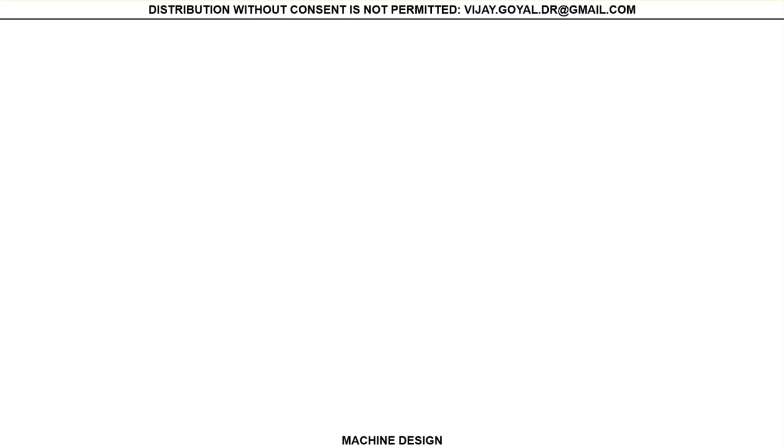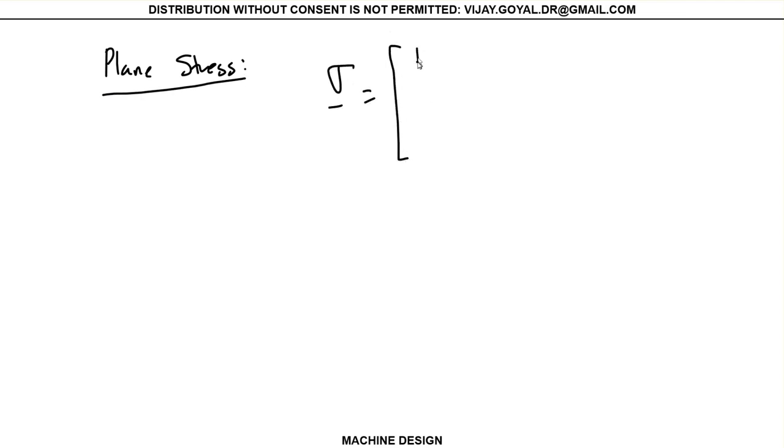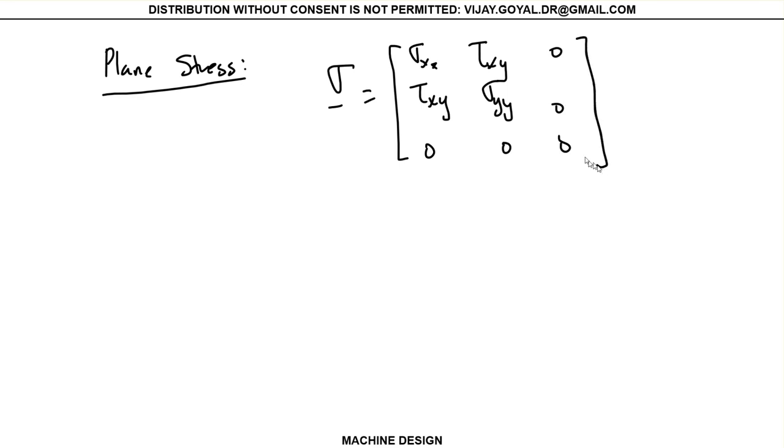By doing that, what you can show is, if we are working for the case of plane stress, for the sake of this argument, let's suppose I'm confined to the XY plane. Remember, I could be confined to any other plane, but we are just saying it's confined to the XY plane for this argument's sake.